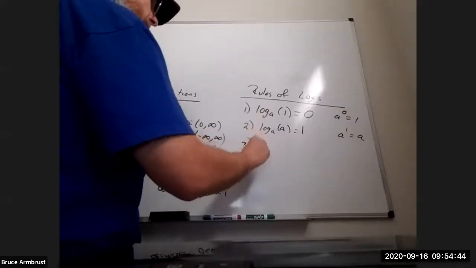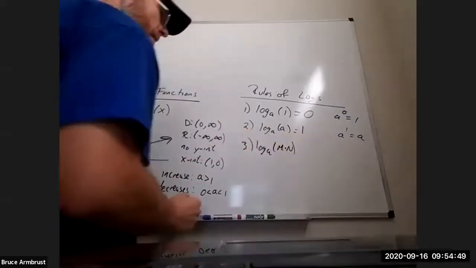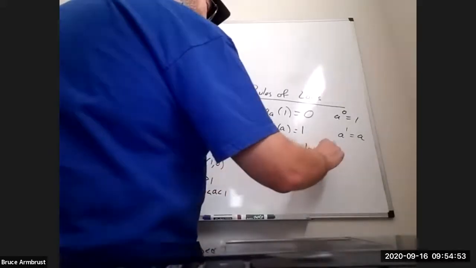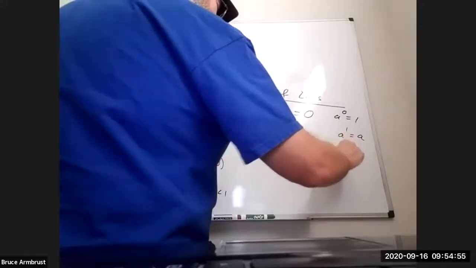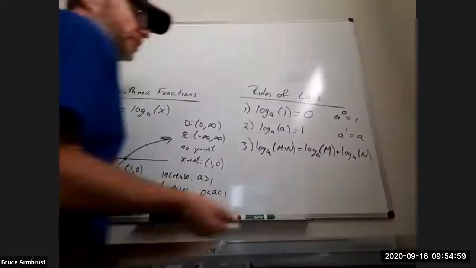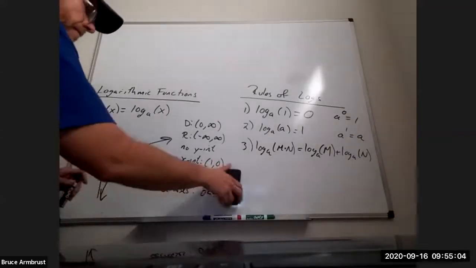Okay, the next three are the big three. The first one says if we have multiplication inside of our logs, we can split that up as addition of individual logs.